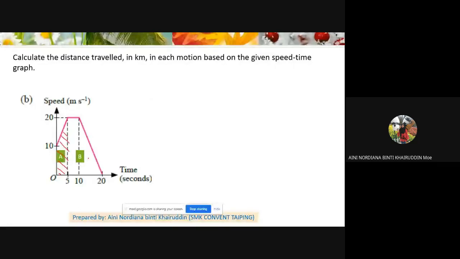You also can divide this by 3 parts, A, B, C, up to you. As long as your answer is the same as me, then it is considered correct. So I use A plus B, so A is trapezium. B also trapezium.